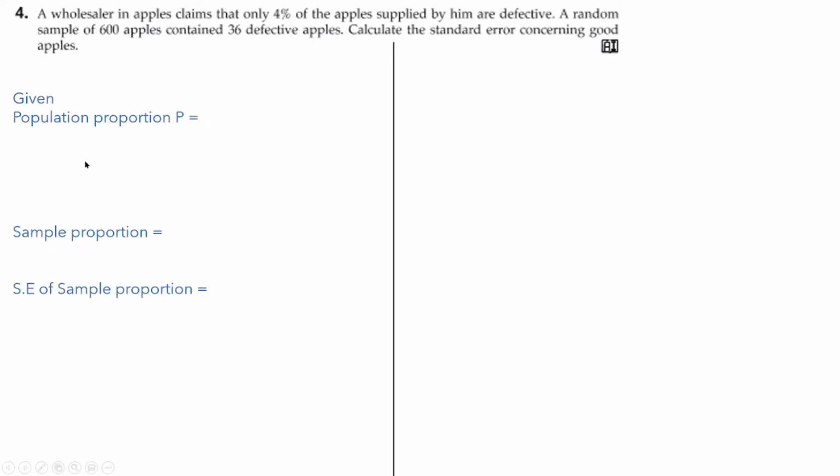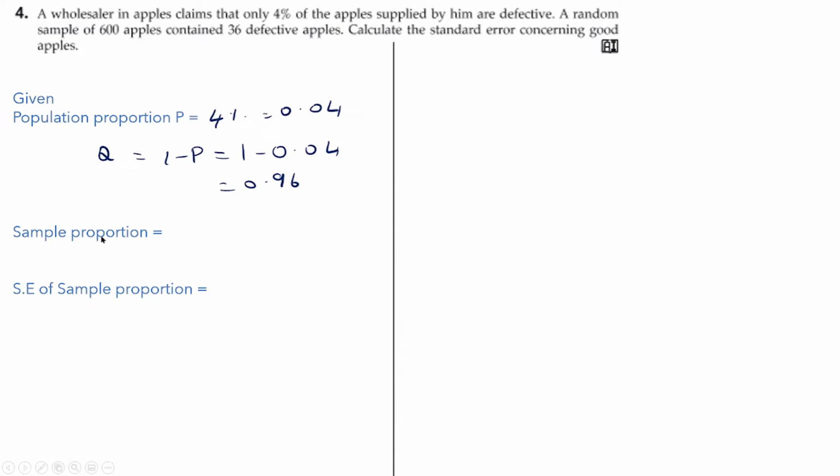So first let us write what is given. Population proportion P is, it is claimed that 4% of the apples are defective. So P is 4% or it is 0.04. Then we have studied Q as 1 minus P. It is 1 minus 0.04, which is 0.96.